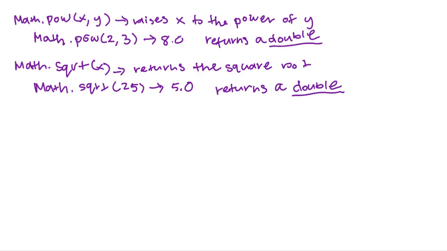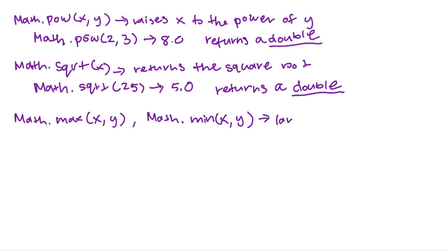The last one we're going to look at is math.max(x, y) and math.min(x, y). So this returns the larger or smaller of the two values.